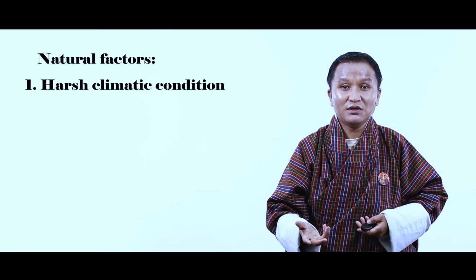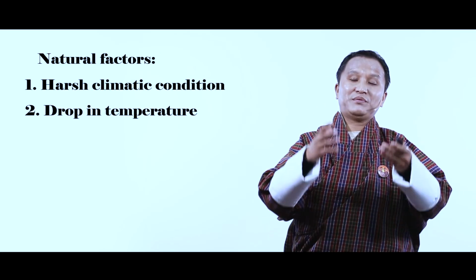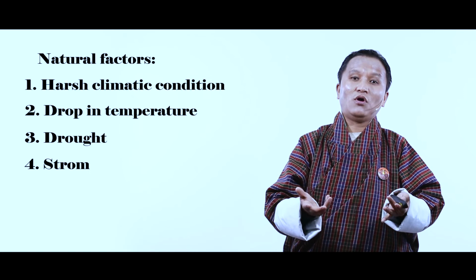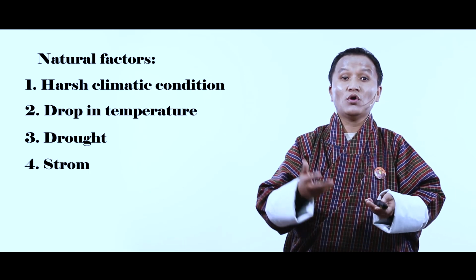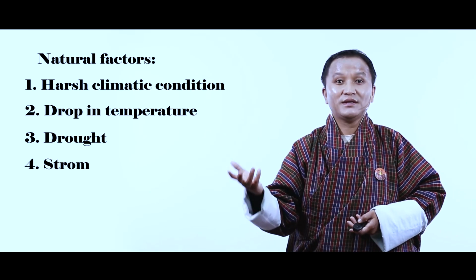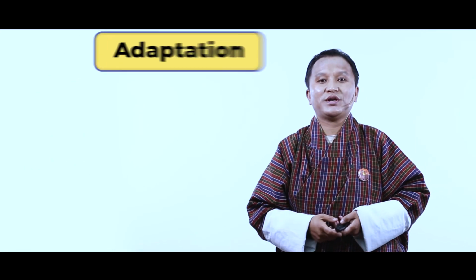Based on the interaction, or as a consequence of interaction, some organisms will be able to survive, while other organisms will die or move to a different place. The competition could also come from nature, such as harsh climatic conditions, a drop in temperature, drought, or storm. All these will force the organism to settle in one place, which we call adaptation.